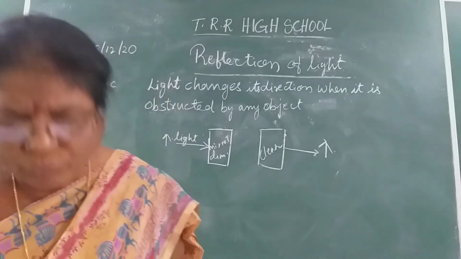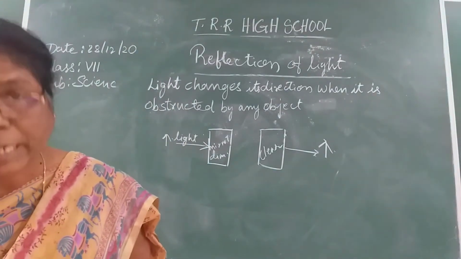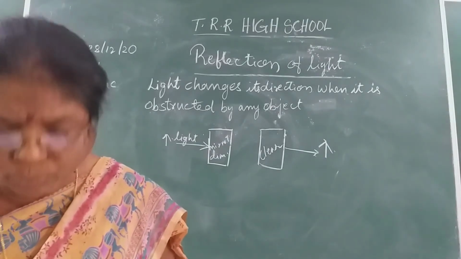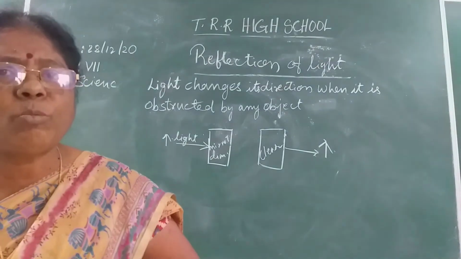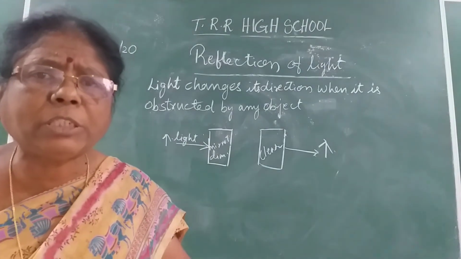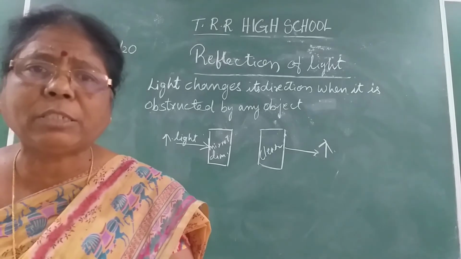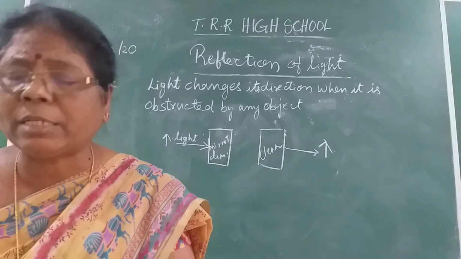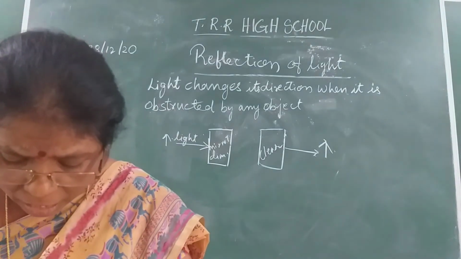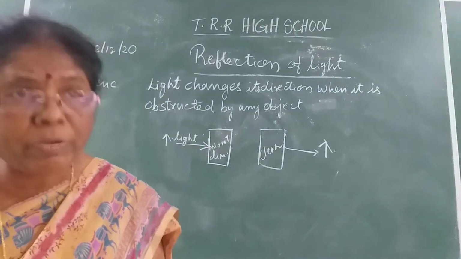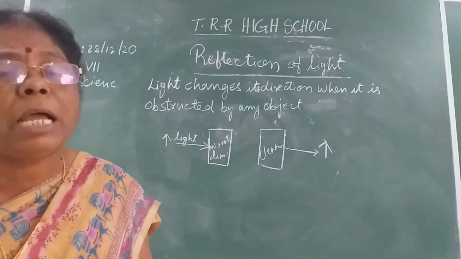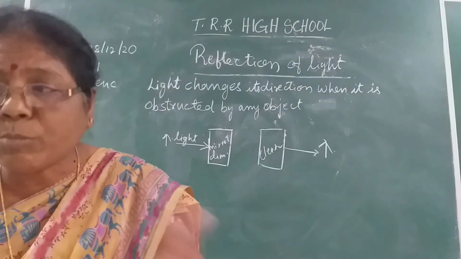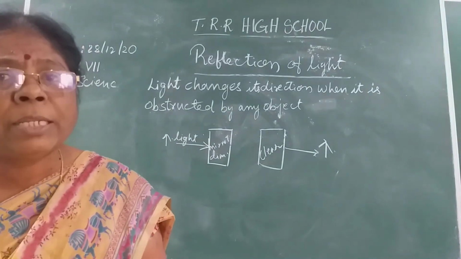So we see any object when light falls on it. In daytime we are able to see all the objects in the classroom: fans, benches, table, blackboard, bags, children, everything. How are we able to see? Even though the sunlight is not reaching into the room, we are able to see all the objects in the classroom.